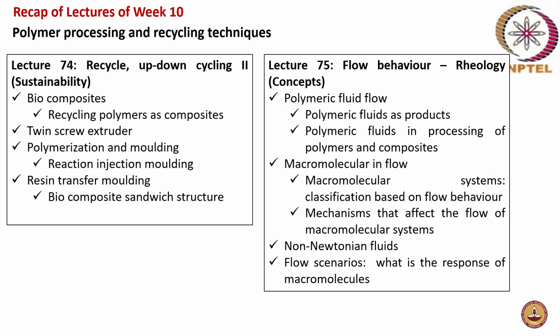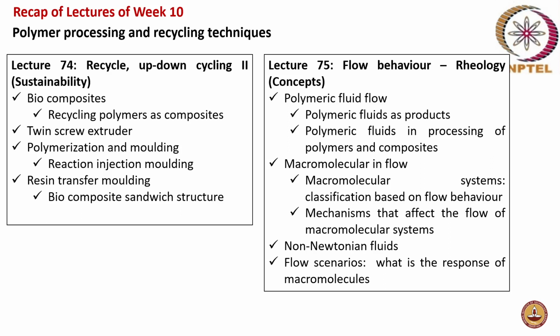You can have polymeric solutions, and these solutions can be dilute, semi dilute, or concentrated solutions. And then polymer melts, where you have an entangled set of macromolecules, and then cross-linked polymers. There can be either a physical cross-linking or a chemical cross-linking.